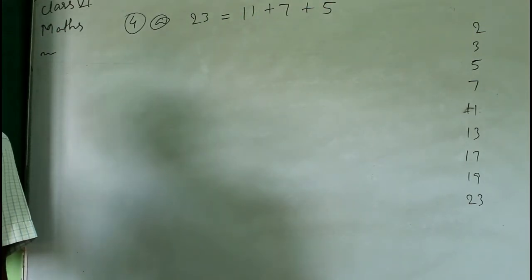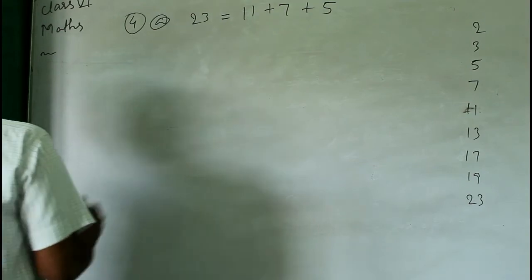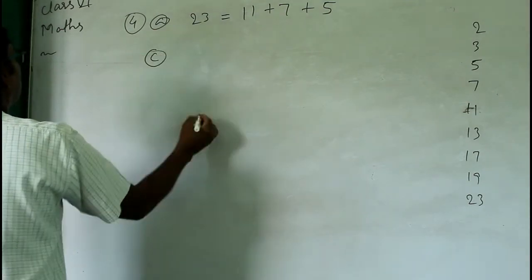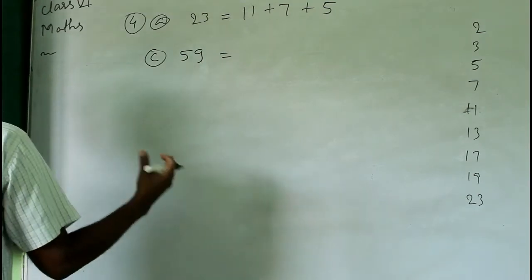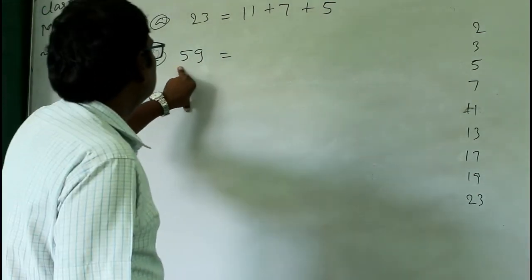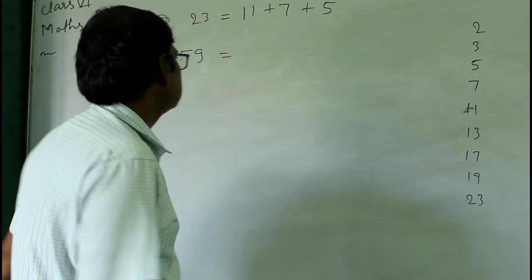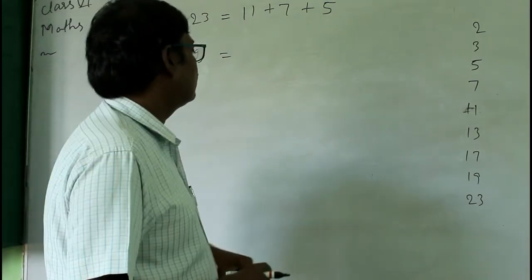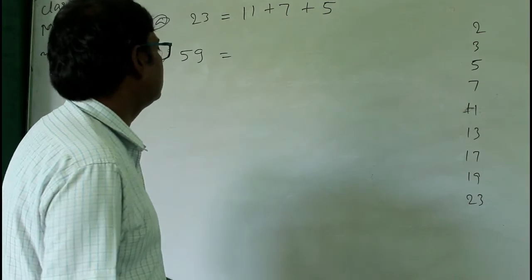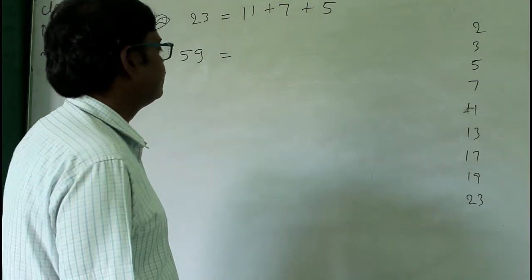Now question number C. In this the number is 59. Again we have to write this number as the sum of three prime numbers. It is a bigger number, and 59 is also a prime number. So think what three numbers will make this sum. Take another number like 23, then 29, then 31. These are the numbers.